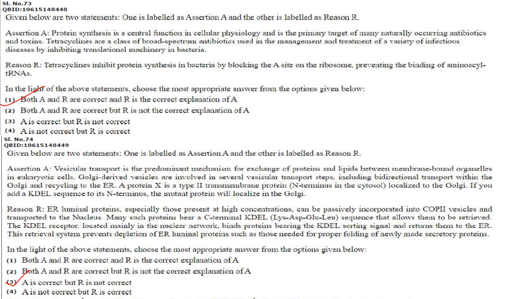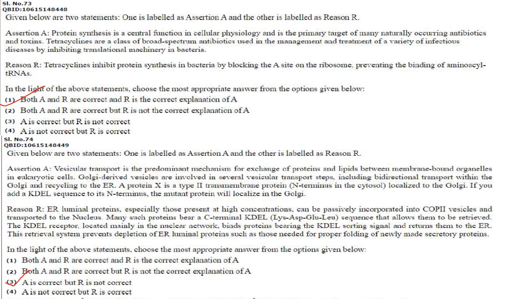Here, the KDEL receptor located mainly in the nuclear network. It is not the nuclear network where the KDEL receptor is present. It is present in cis Golgi, lysosome and secretory vesicles. So this statement is wrong. But A is correct. So A is correct and R is not correct. So the answer here is option 3.